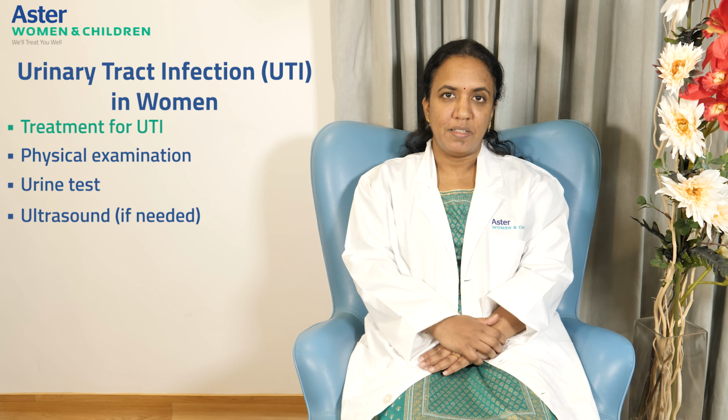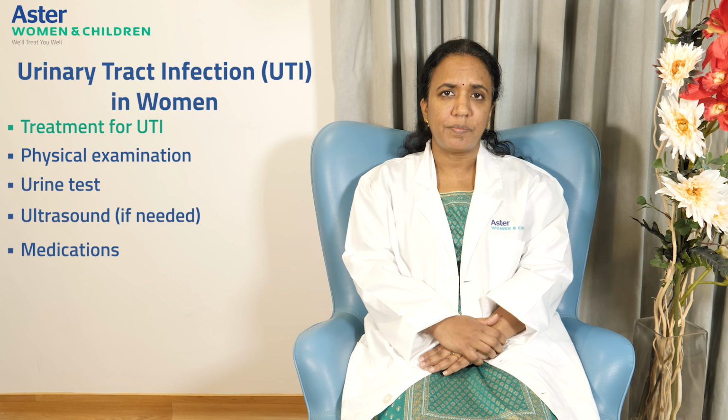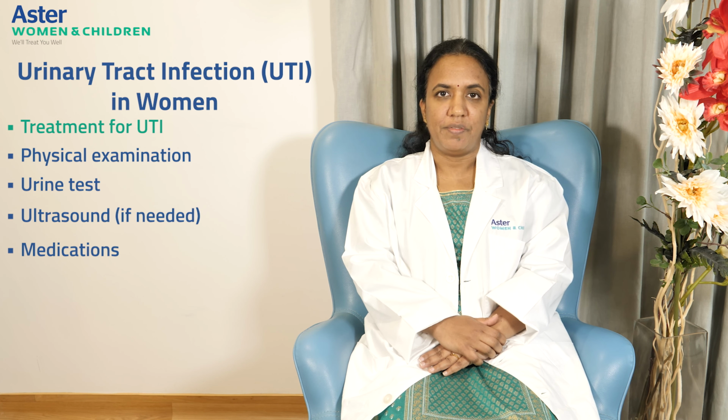After we get the results, we would suggest certain medicines. It could be something to reduce the burning sensation, we could give pain relief medicines, and antibiotics may also be prescribed. The duration of the antibiotic usage varies with the type of infection and the duration of infection.